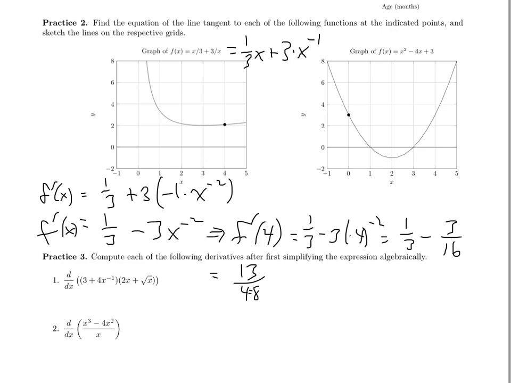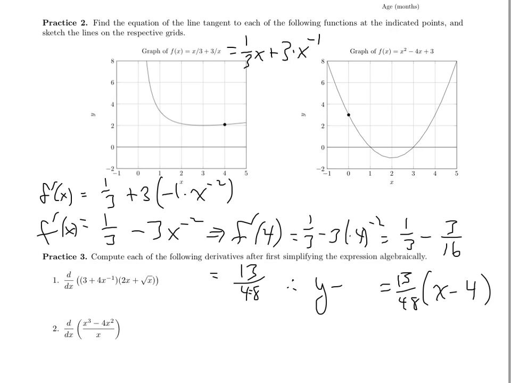Okay, so that's the slope, and so we learned that the equation of the tangent line is going to be y minus a y-coordinate that we know, so I need to know the y-coordinate at this point, is equal to the slope, so that's 13 over 48, times x minus the x-coordinate of the point we know. We know the x-coordinate here is 4, so that's easy.